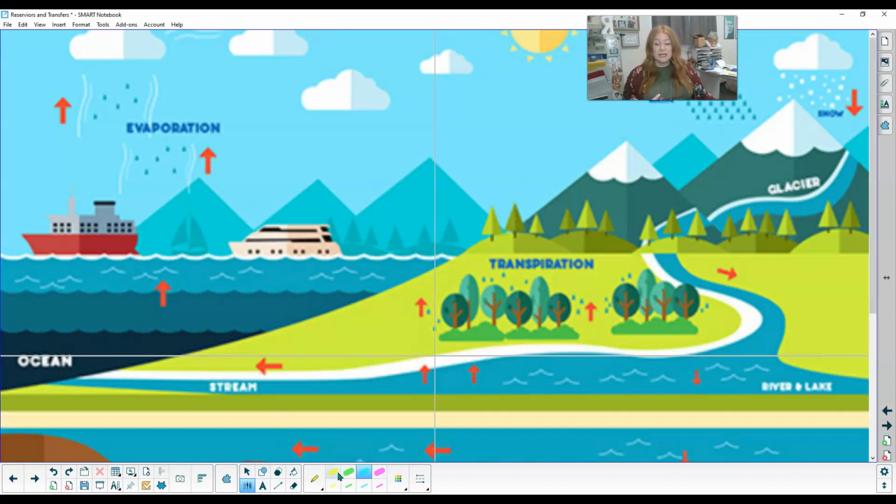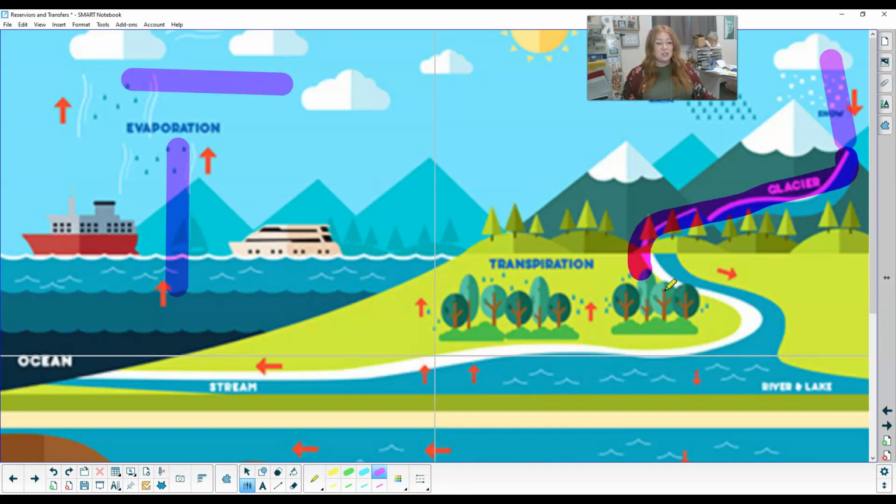So when you are looking at a water cycle chart, anytime I see movement of water, it's going to be a transfer and it's going to have kinetic energy. Transfer with kinetic energy, when it infiltrates, percolates, transpires. All of these are moving the water around the earth, so that kinetic energy helps with the water cycle.